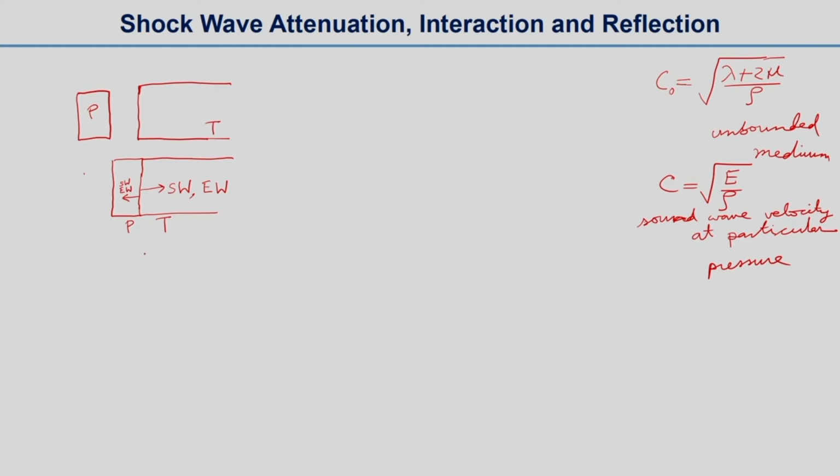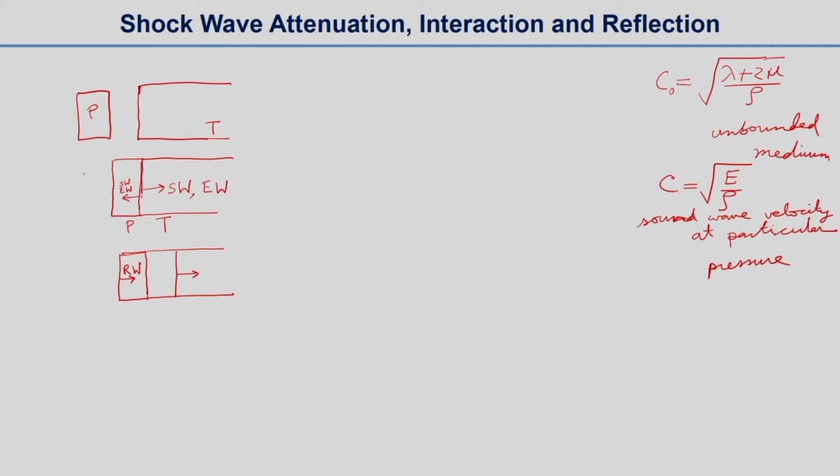So, what will happen is, during this contact, some of this wave will be reflected back as a release wave. So, release wave, and at the same time the shock wave will start moving this way.